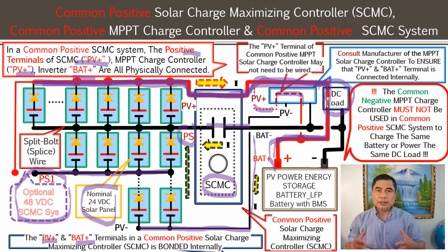Once you have the system set up and connected, you check the voltage between PV negative and battery negative, and you would find a voltage there. Normally it's the system voltage, whatever the battery voltage is, like 26.5 volts normally. Between PV positive and battery positive, the voltage will be 0. So you know that is a common positive design.